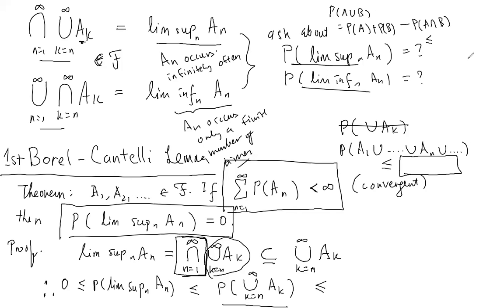Is it 1? Of course it's bounded by 1. Sure, but that's a trivial bound, right? It's also bounded by 2 or 3. So those bounds are trivial.